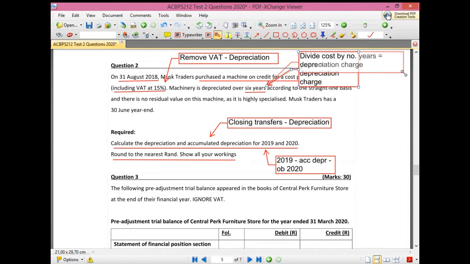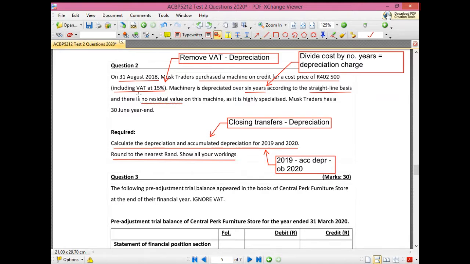Normally we would apply a percentage, but in this scenario, you would divide by the number of years. It's the same principle, it's just recorded differently. Because they tell you it's straight line, we know it's on cost. There is no residual value.